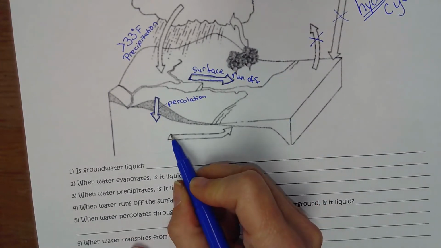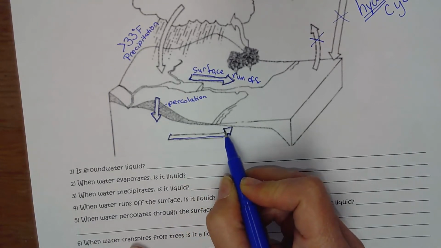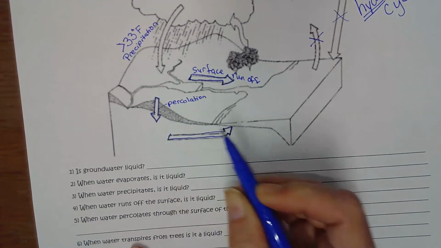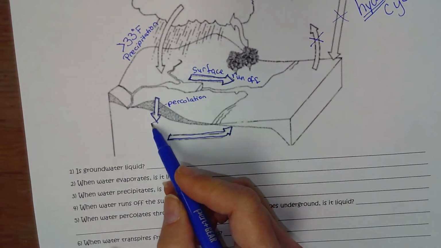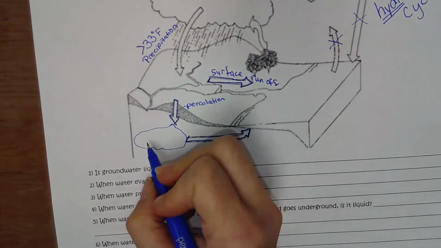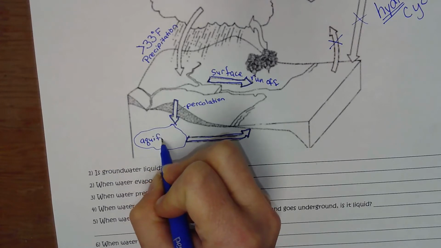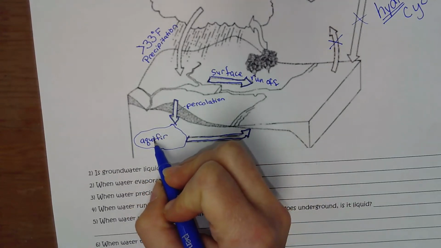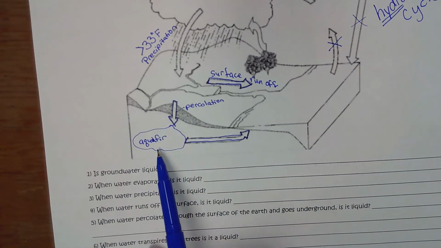Once water has percolated down underneath Earth's surface, very often it pools into aquifers. This was not already on here. So an aquifer is just, no, I think it's aqua. Aquifer is simply liquid water that's underneath the surface of the earth.